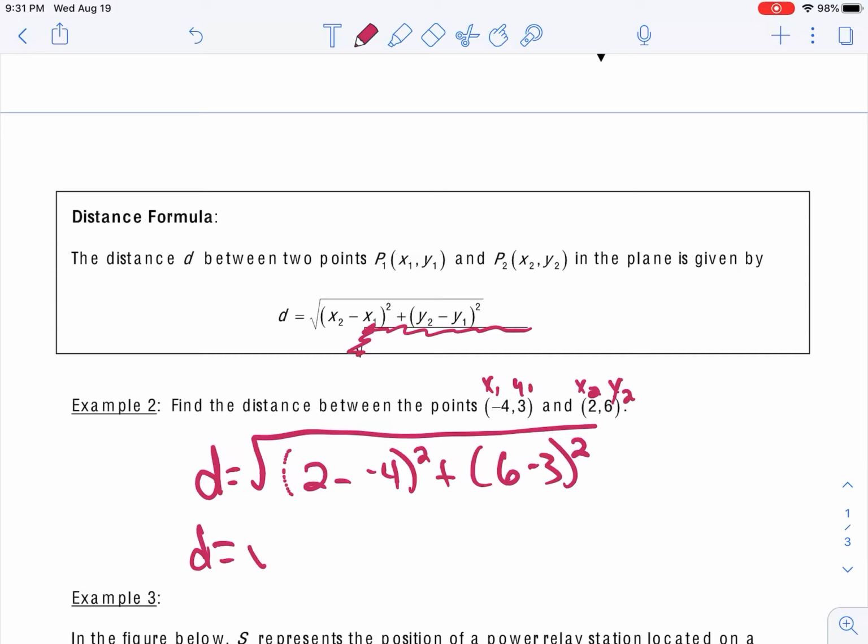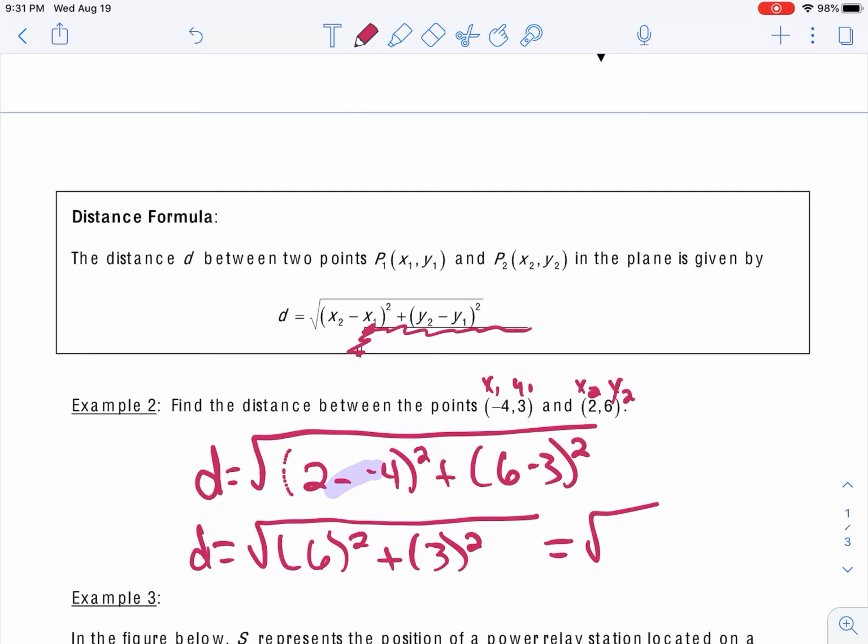So I still have my distance, my square root, minus a negative right here becomes positive. So we have 2 plus 4, that's 6 squared. 6 minus 3 is 3 squared. So now I have the square root of 36 plus 9. And if you need to get a calculator out and do it, that's fine. Square root of 45, leave it alone.